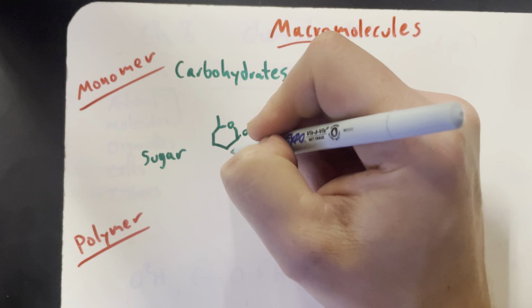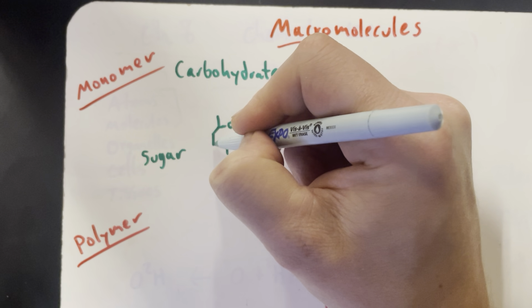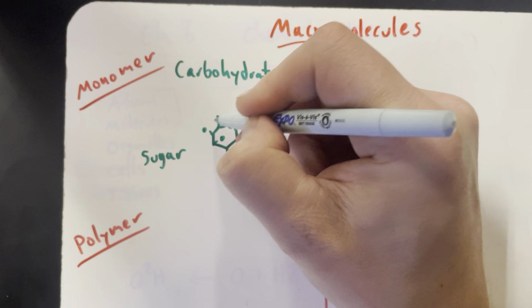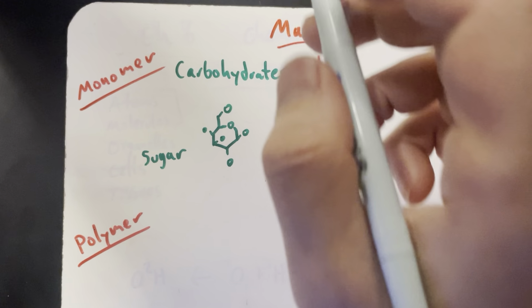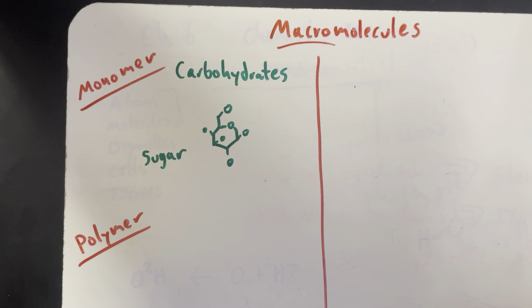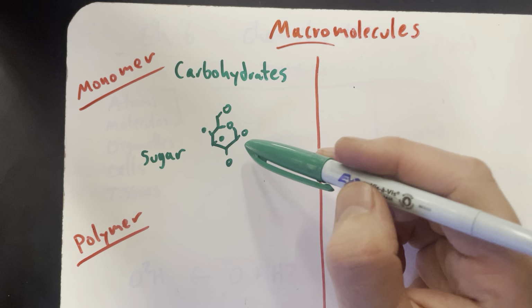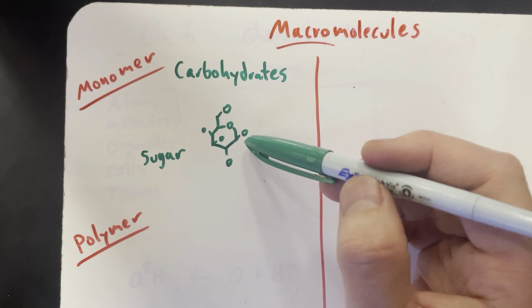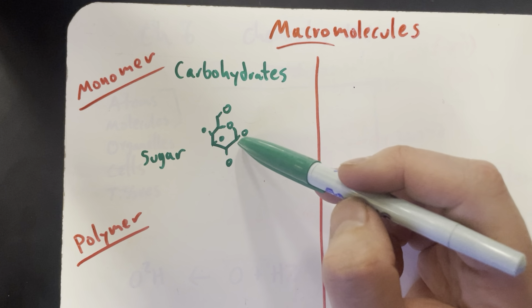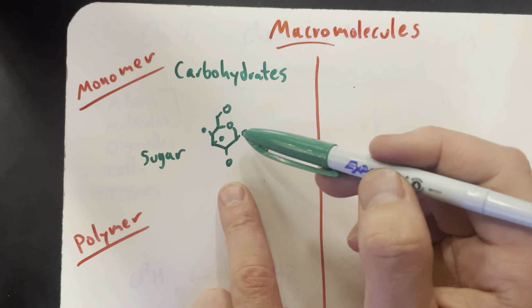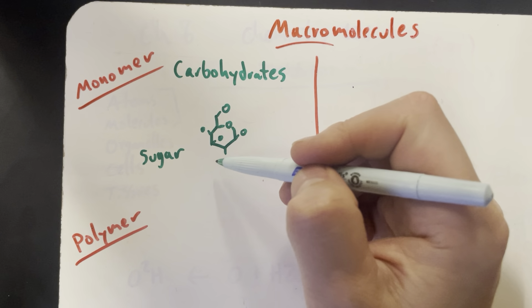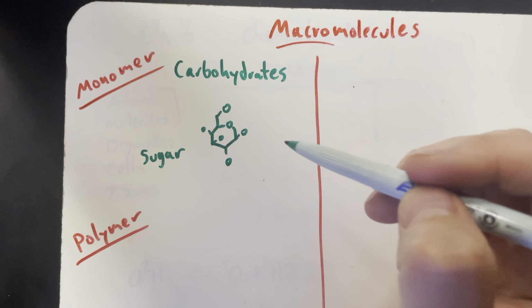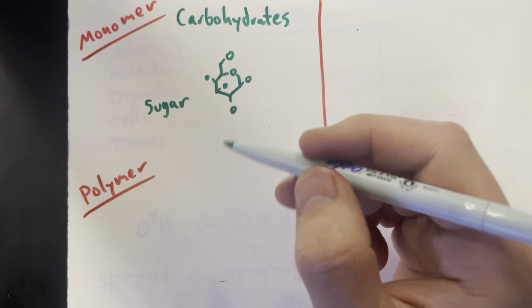Maybe an oxygen here, oxygen here, oxygen here, oxygen here, oxygen there. So the formula for sugar, glucose, is C6H12O6. It's going to come up time and again. It's our basic building block, sugar. Okay, so that's our simple sugar.